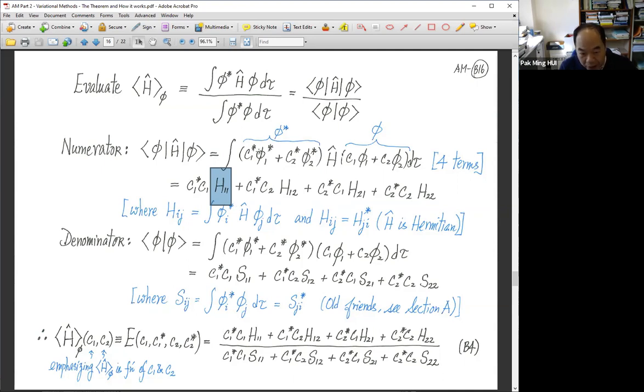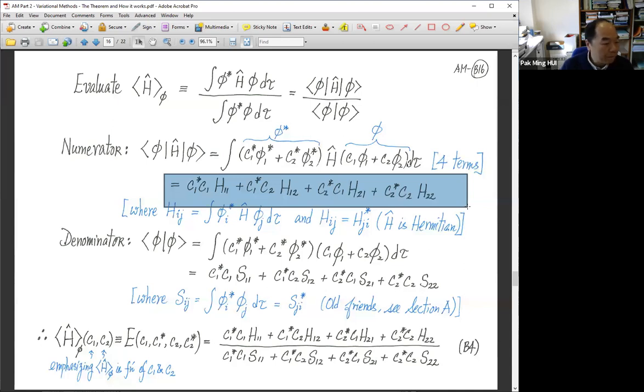Similarly, you will see phi1 star H phi2. So that will be H12, H21, and H22. Collecting the coefficients, you will see C1 star C1 for H11, etc. So I hope that the second line is natural to you. Do you follow?